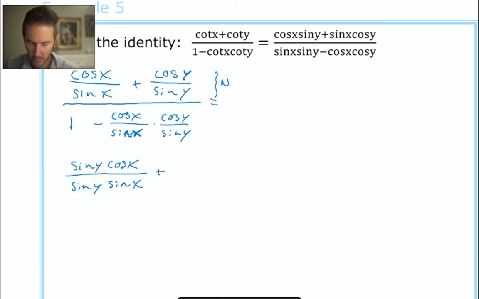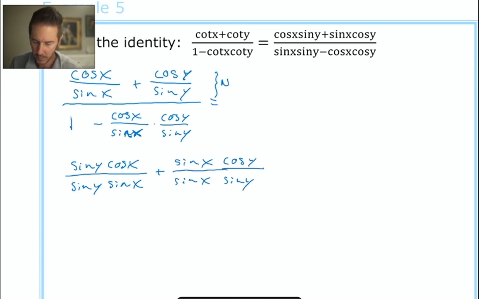The second fraction, I'm going to multiply by sine x over sine x. So I think I'll put that first, actually. Sine x over sine x, and then we already had a cosine y over sine y. And those fractions are getting multiplied together, so we'll write them as one fraction.